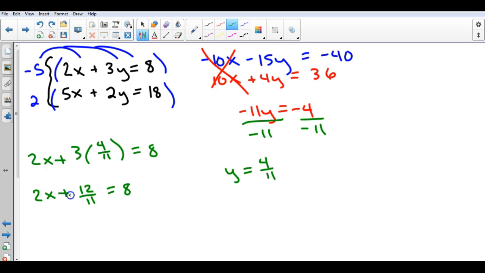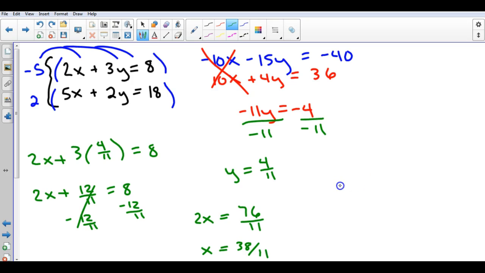What I'm going to do is subtract the 12/11 on both sides. So you're getting a little work in of subtracting some fractions. You can go to your calculator on this if you'd like. I'm going to take 8 minus 12/11, and I end up with 76/11. And then your last step is just to divide by 2. And I'm going to end up with 38/11.